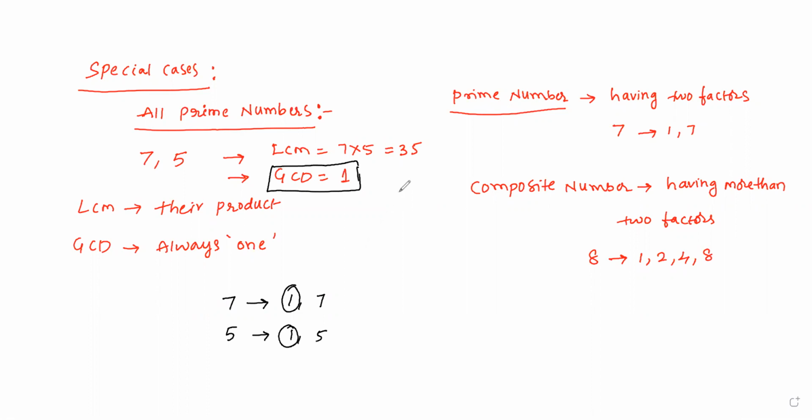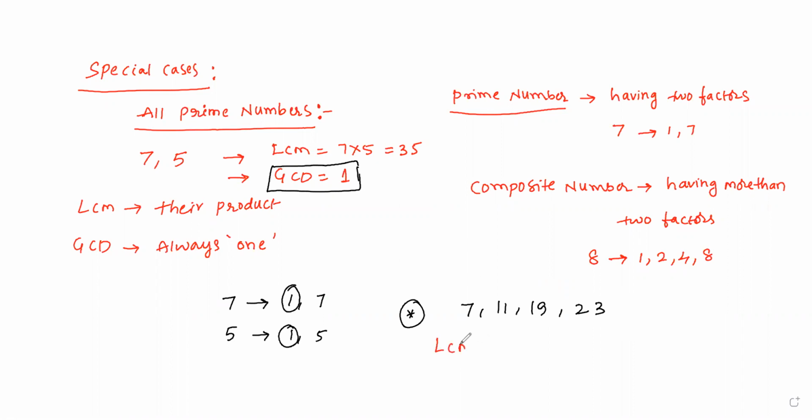Okay, right. Let me take another example. Suppose 7, 11, 19, 23. All these numbers are prime numbers.